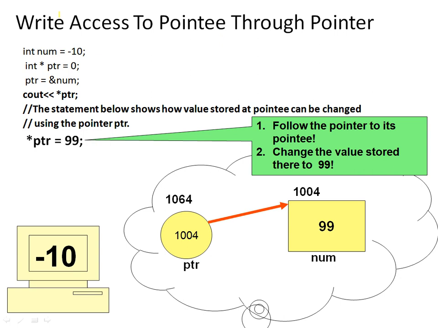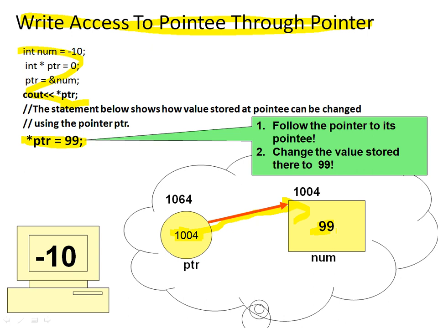We can also have write access to the pointee through the pointer. After doing all this, I can have a statement like this: asterisk ptr equal to 99. The meaning of that is: follow the pointer to its pointee, change the value stored there to 99. So this is the address of the pointee. Follow the pointer to the pointee. The previous value there was 10. That gets thrown out.